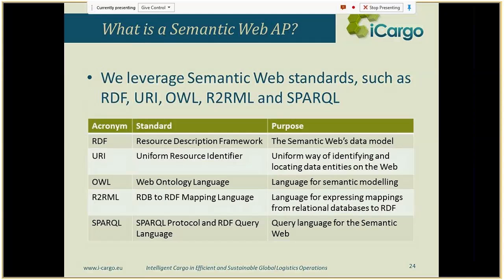The Resource Description Framework, a uniform data model for the semantic web; Uniform Resource Identifiers, a way of identifying and locating data entities on the web; the Web Ontology Language, of which we've already seen an example; expressing from relational data, which I'll show in a minute.